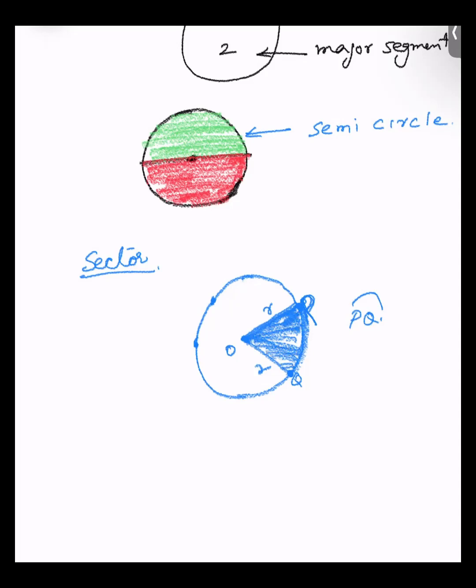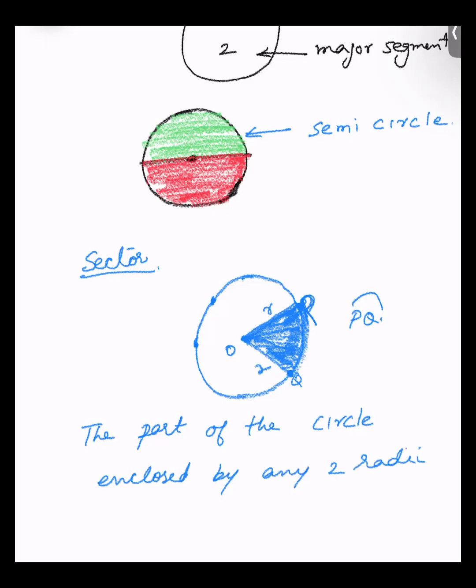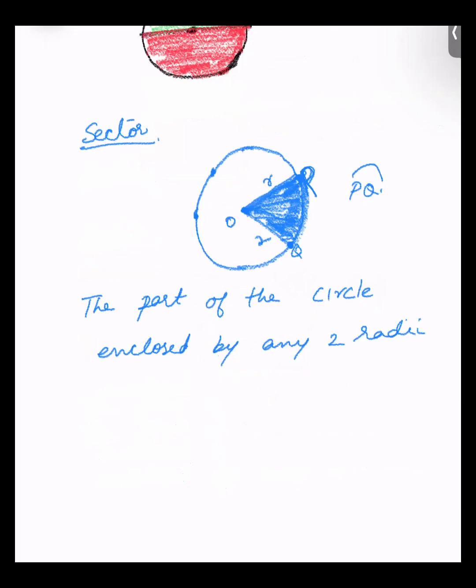Look at this: an arc and two radii. Radii is the plural of radius. When you are talking about more than one radius, you will say radii. So the part of the circle enclosed by any two radii and an arc is called a sector.